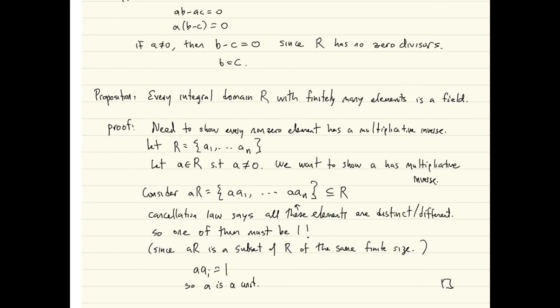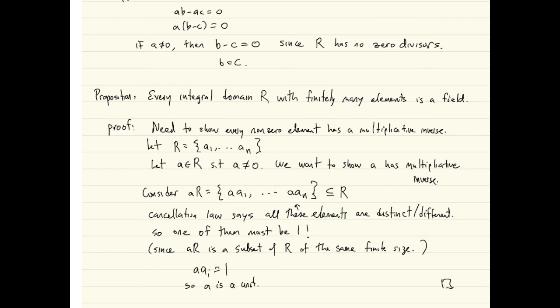Another fairly simple proposition is that every integral domain with finitely many elements is a field. So, okay, for the proof, we need to show, what's the crucial fact about a field? Well, that every non-zero element has a multiplicative inverse. So let our ring be a1 up through an. It has finitely many elements, so we stop at some number n.